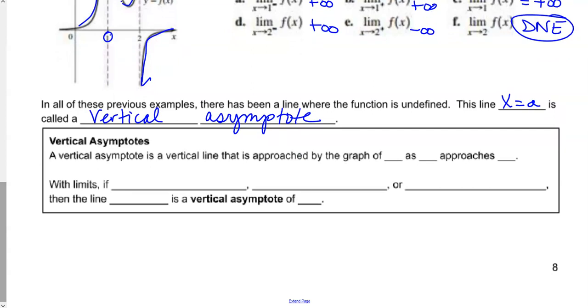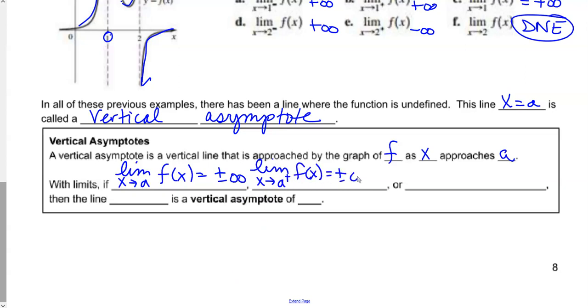So as a formal definition, a vertical asymptote is a vertical line that is approached by the graph of f as x approaches a, and for the limits, if the limit as x approaches a of our function is equal to plus or minus infinity, or if the limit as x approaches a from the right of f of x is equal to plus or minus infinity, or if the limit as x approaches a from the left of f of x is equal to plus or minus infinity, then the line x equals a is a vertical asymptote of f.